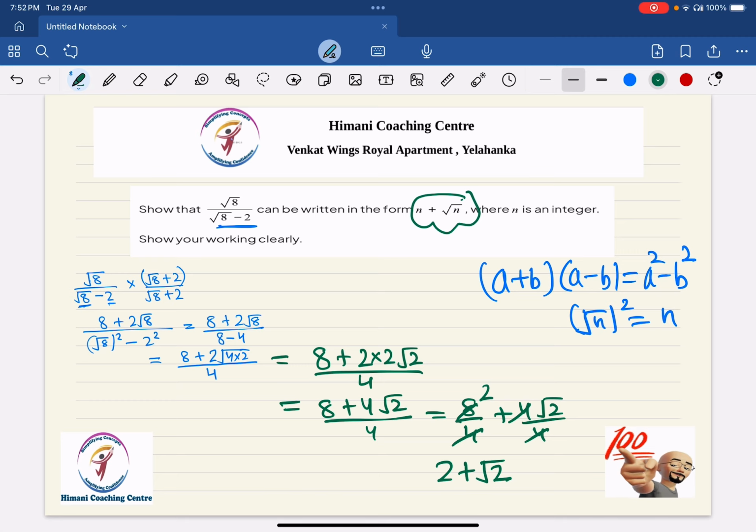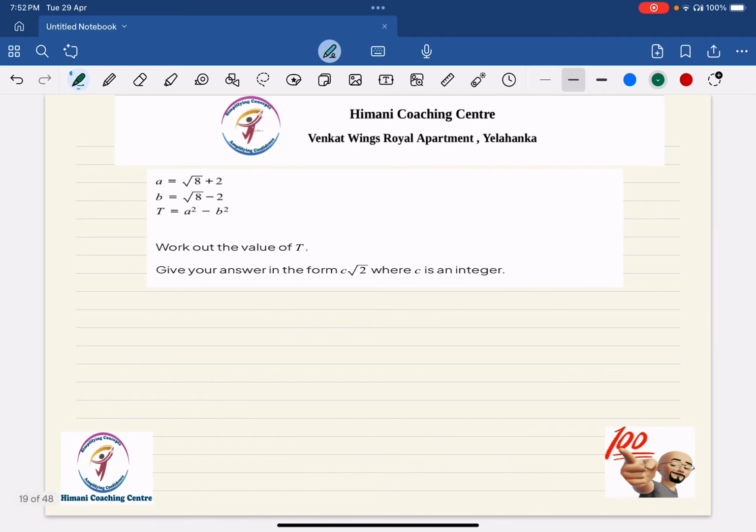Okay. Now let us move to the next question. So we are given a is equal to root 8 plus 2, b is equal to root 8 minus 2, and t is a square minus b square. So work out the value of t, and we are supposed to give the answer in the form of c root 2, where c is an integer.